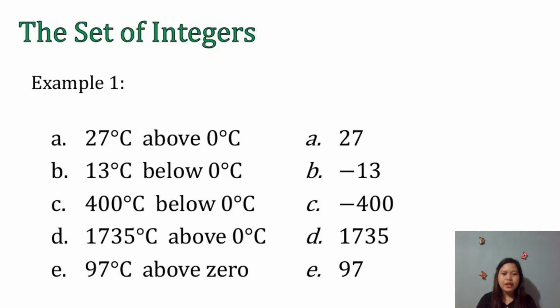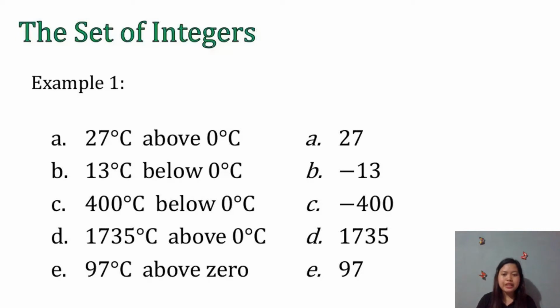So we have here an example. First, 27 degrees Celsius above 0 degrees Celsius. Of course, the answer is positive 27 because it says above, so it's greater than 0. For letter B, we have 13 degrees Celsius below 0 degrees Celsius.